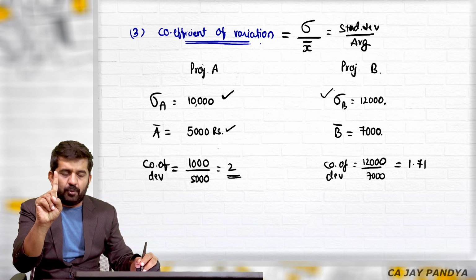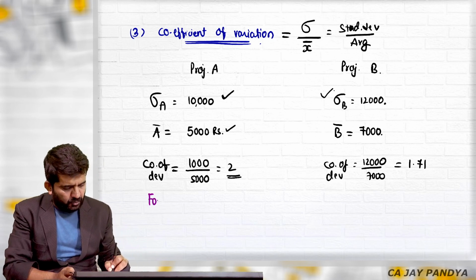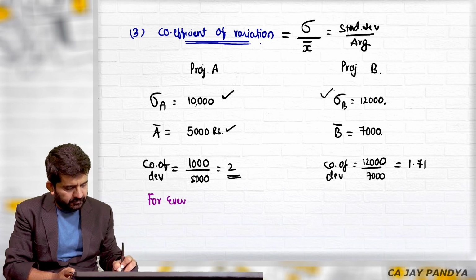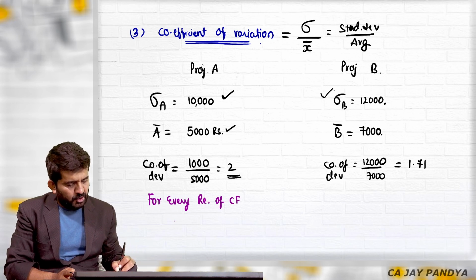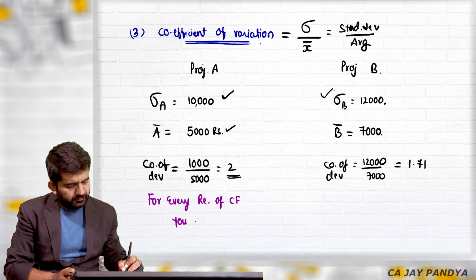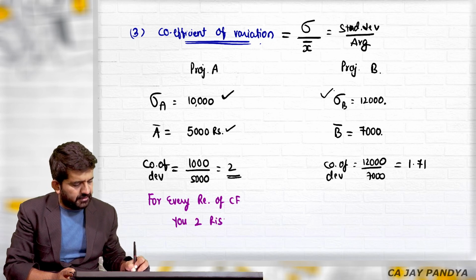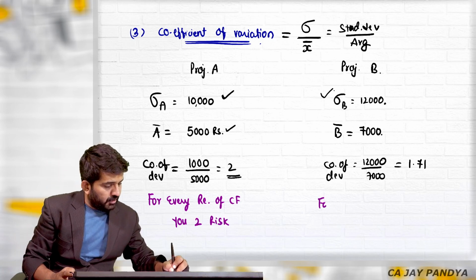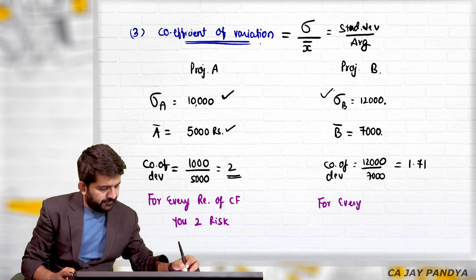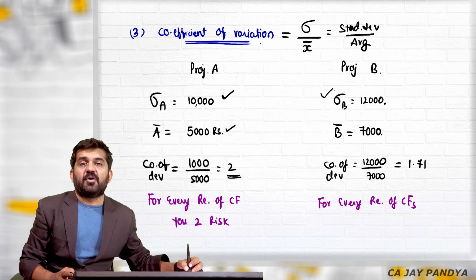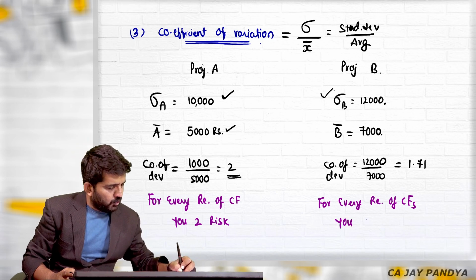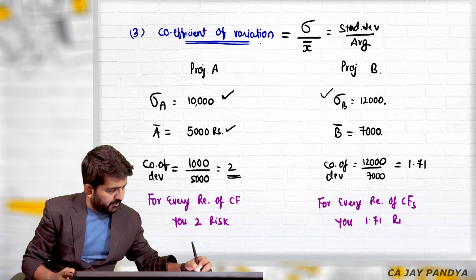So for every 1 rupee of cash flow, you are taking 2 risks. Here, for every 1 rupee of cash flow, you are taking 1.71 risk.